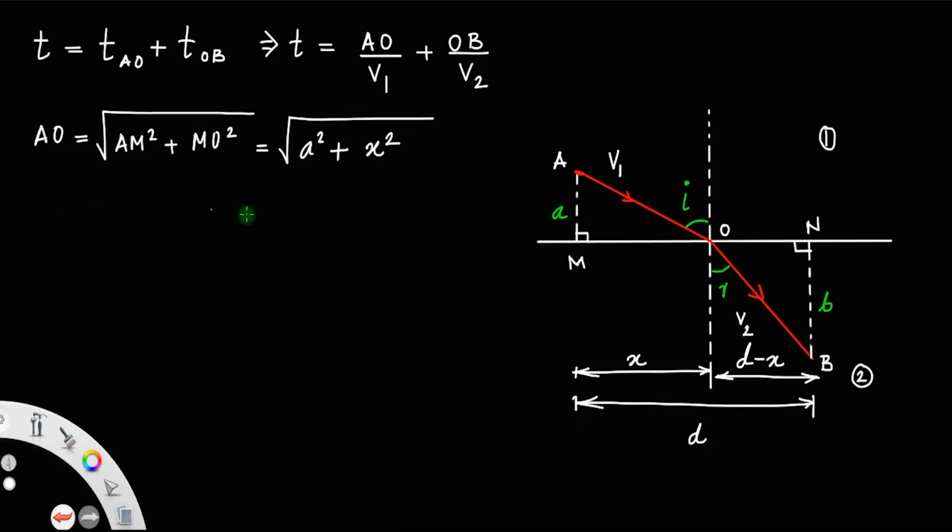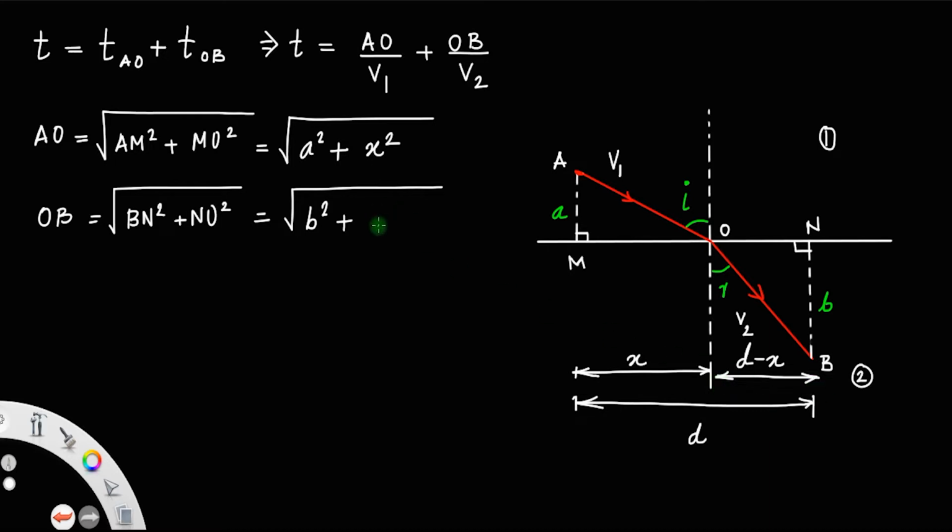Similarly, OB, using the Pythagoras theorem, is root of BN square plus NO square. BN is b, and we took the whole distance MN equal to d and MO equal to x, so NO will be d minus x, whole square.